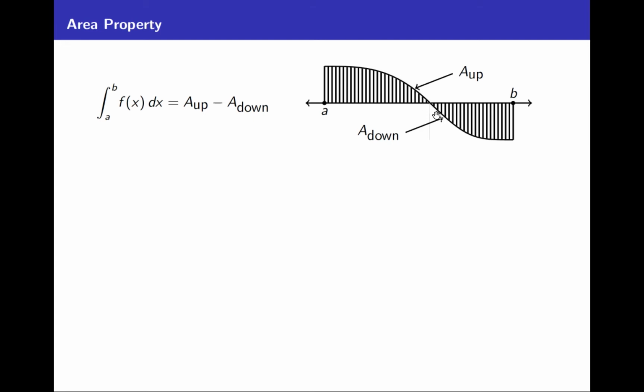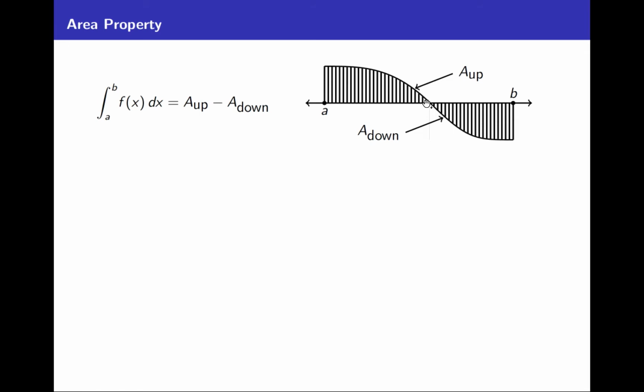Here's the graph of an f of x, and part of it is above the x-axis, and the other part is below the x-axis. The area above the x-axis, I'm going to call A up, some number of square units of area. And the area below the x-axis, we're going to call A down. If you think about the way the definite integral was defined, it was the Riemann sum of a bunch of rectangles. Where the function is above the x-axis, height times base is positive.